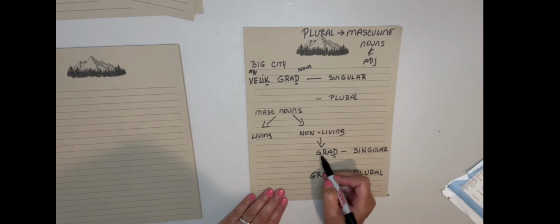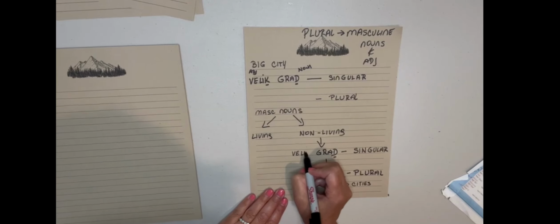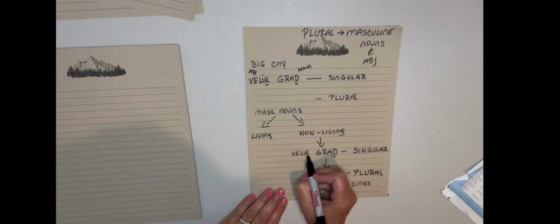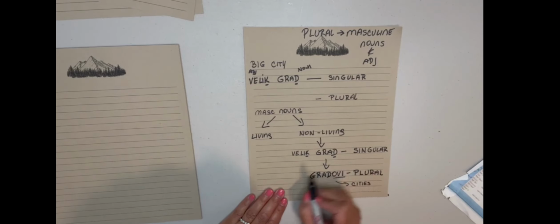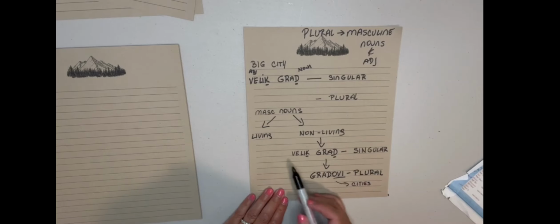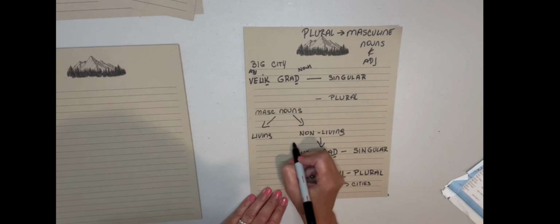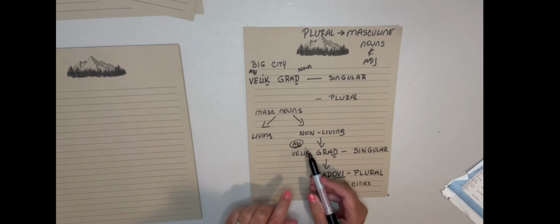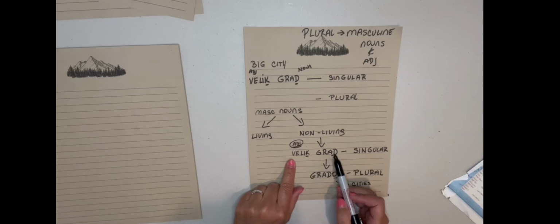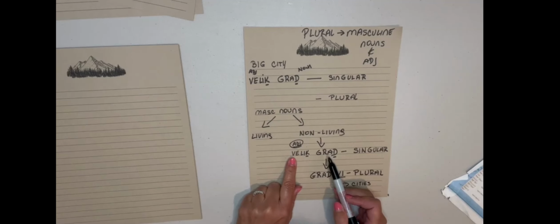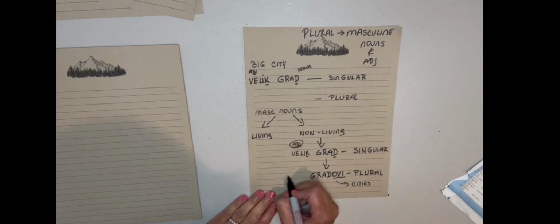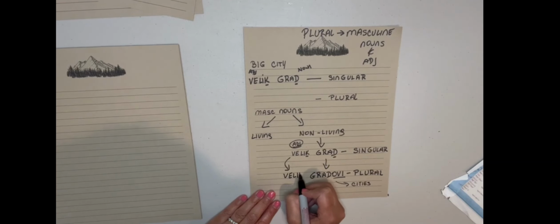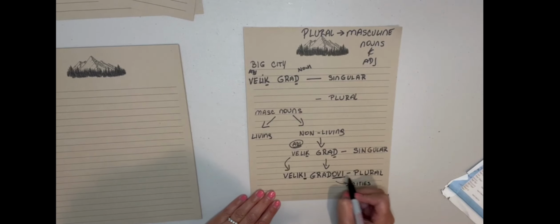If I want to say this is a big city, this is a velik grad. Velik ends in a consonant, grad ends in a consonant. So this adjective needs to match the noun, grad, by gender and by number. So velik, we need to make this plural. The way that I'm going to make this plural is I'm going to add an I. So velik turns into veliki gradovi.